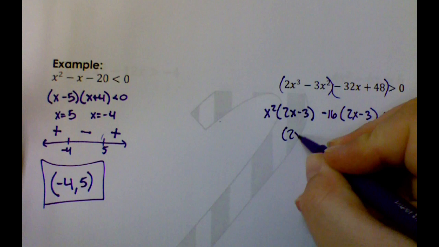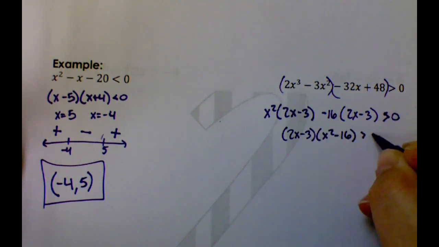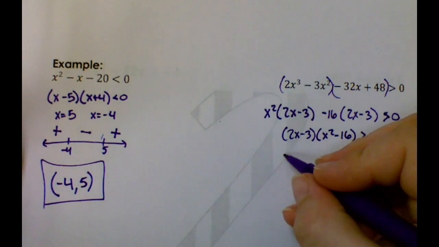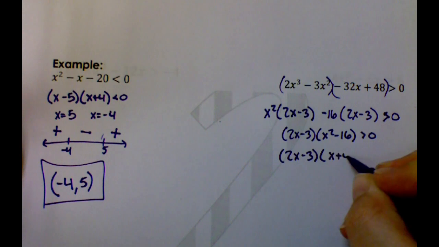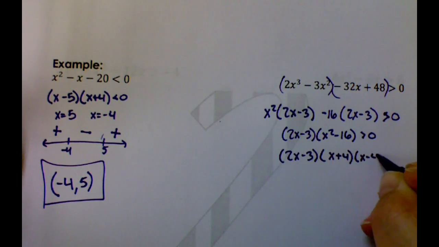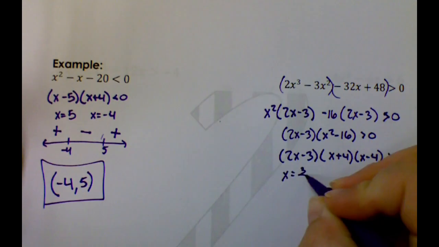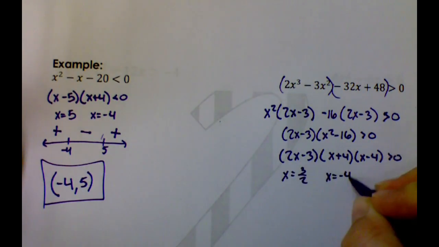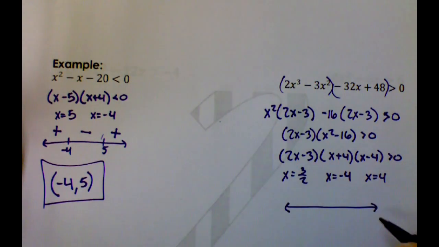So I have 2x minus 3 times x squared minus 16 is greater than 0. I'm going to keep factoring because x squared minus 16 is x plus 4 times x minus 4. So my key numbers are 3 halves, negative 4, and positive 4. I'll put those on my number line.